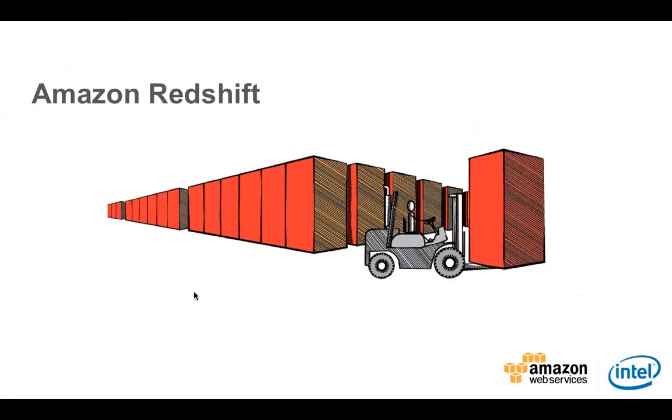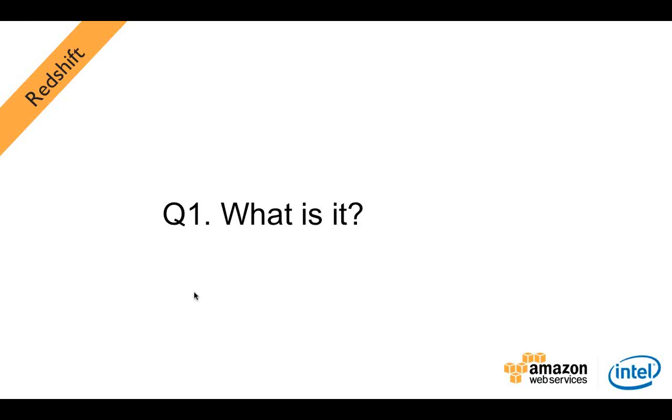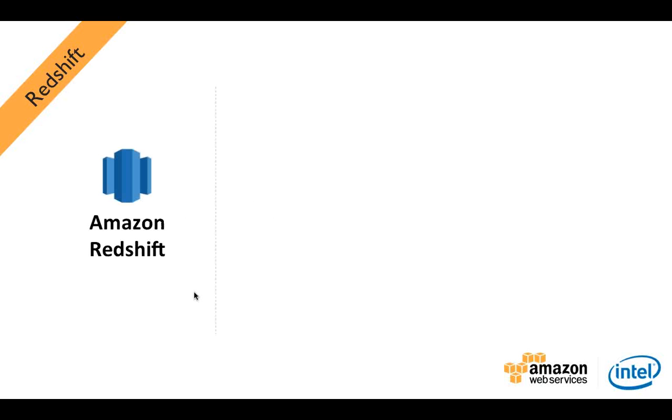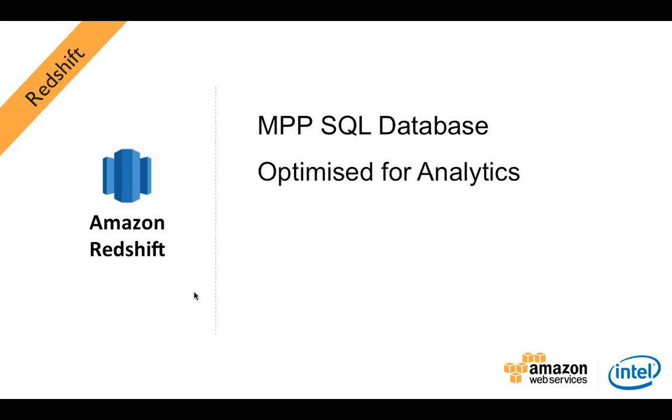So moving on to the specific Amazon service that we have in this space, we've called that Amazon Redshift. The first question obviously is what is it? As I've said, it's one of the MPP databases, so it inherits all the facets that we've been talking about in terms of scalability, and runs ANSI standard SQL, optimized for analytics, very scalable, so you can start with a very small amount of data if you wish.